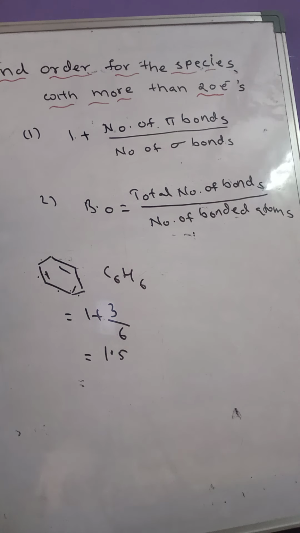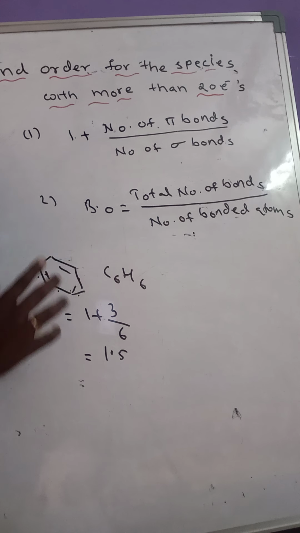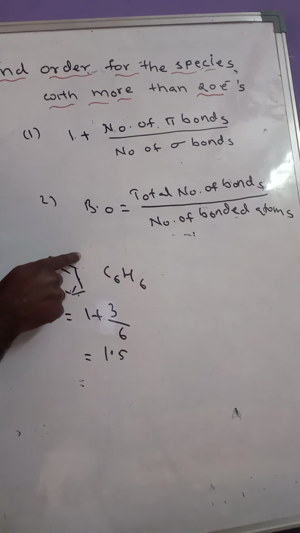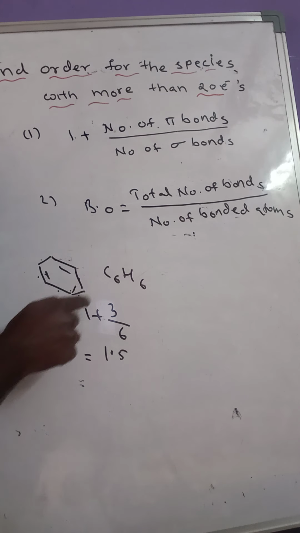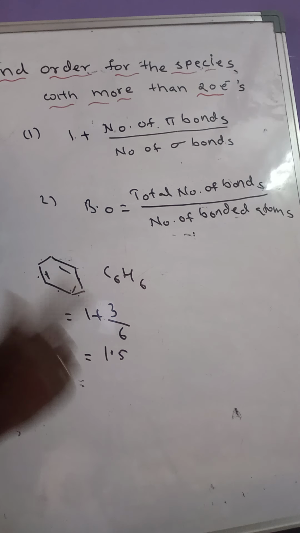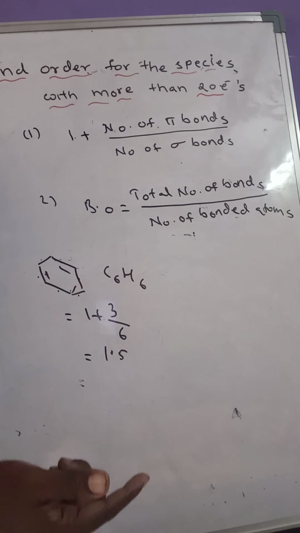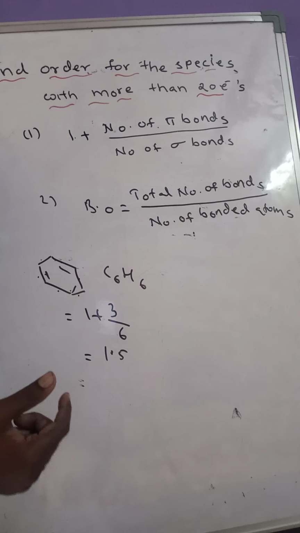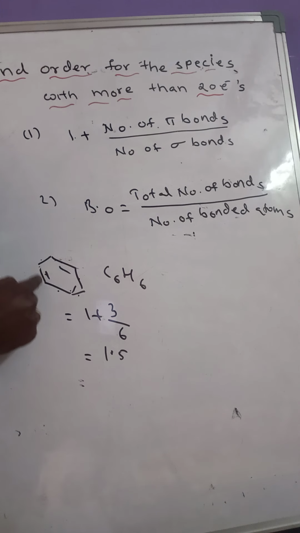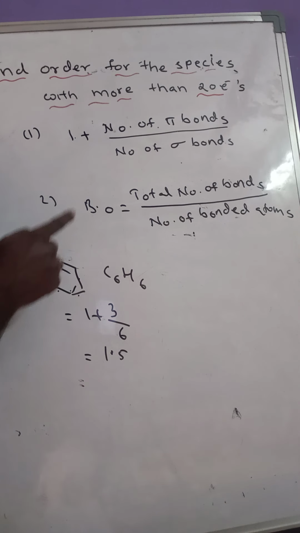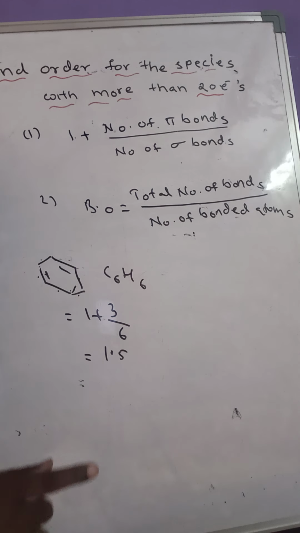Some of the students may have a doubt. What is the doubt? Even though we have hydrogen atoms along with these bonds, of course there is one sigma bond for each carbon with a hydrogen atom, meaning total 6 carbon atoms bonded with 6 hydrogen atoms. Therefore, the total number of sigma bonds: these 6 sigma bonds and 6 sigma CH bonds, 12 sigma bonds.